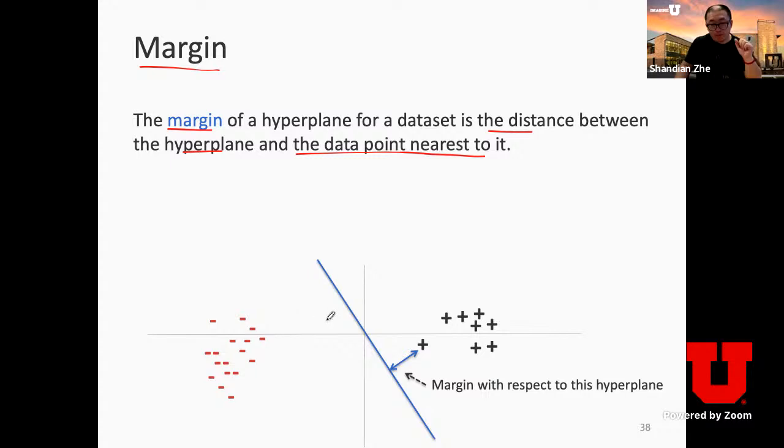To give an example, this data set of positive and negative examples is obviously linearly separable, and we have already found a separating hyperplane. What is its margin? We calculate the distance between every data point and this hyperplane, and use the smallest distance as the margin of this hyperplane. The smallest distance obviously comes from the nearest data point, which is this positive example, so its distance to this hyperplane is the margin.